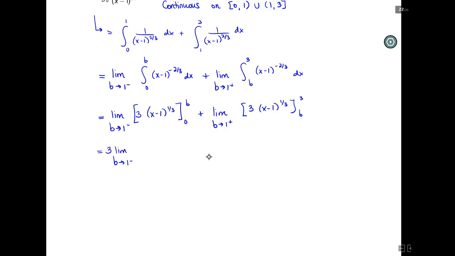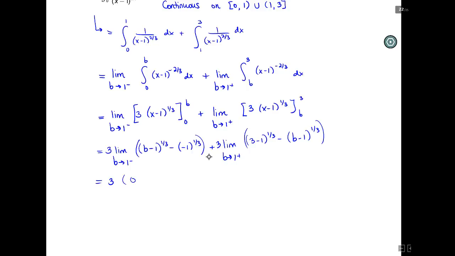So I have b minus 1 to the 1/3 minus negative 1 to the 1/3 plus, and then here, I'm also going to move the 3 out in front. So I have 3 minus 1 to the 1/3 minus b minus 1 to the 1/3. So now, as we look at our limit, as b approaches 1 from the left, this is going to give us 0.